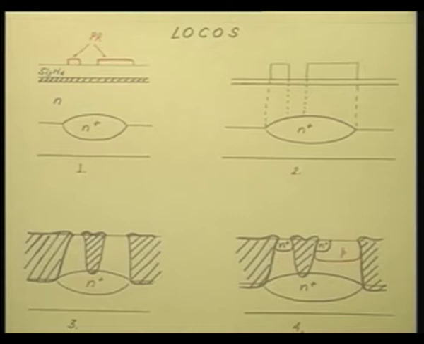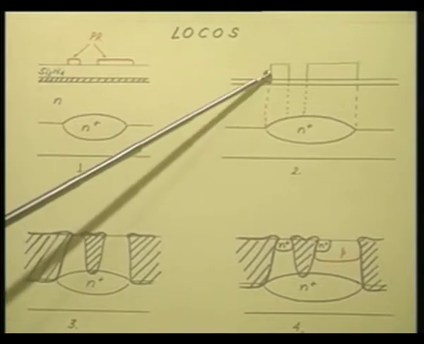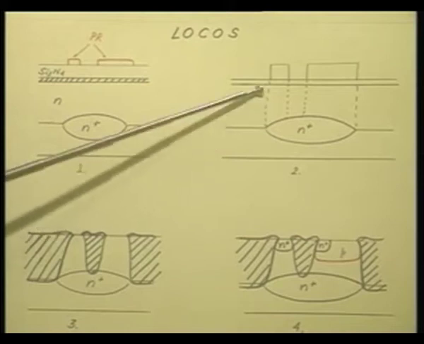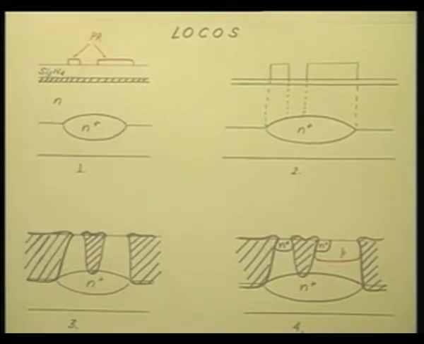But of course, if you do this recessing, then you have a slight non-planarity on the surface, which is caused because of lateral oxidation. See, when you are etching it down, two surfaces are exposed. One is the horizontal surface and the other is the side wall. So, oxidation progresses on both these surfaces.